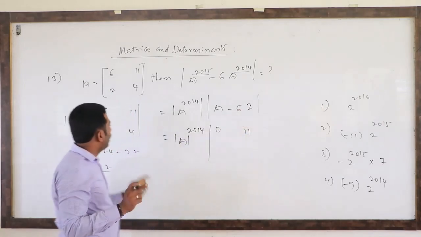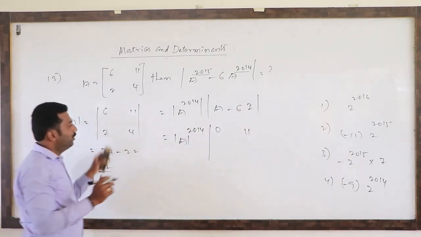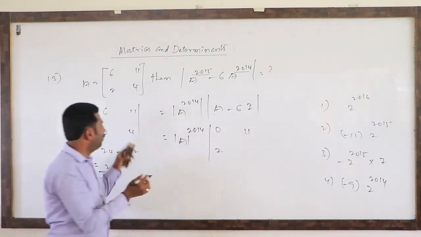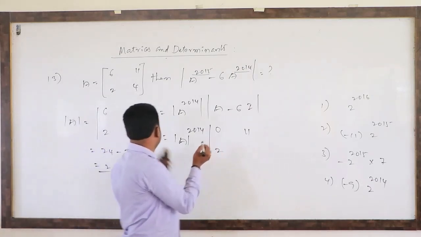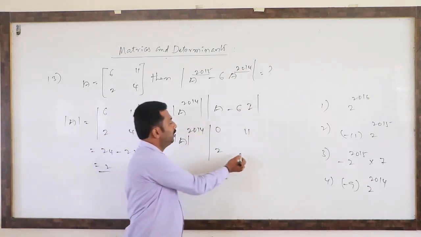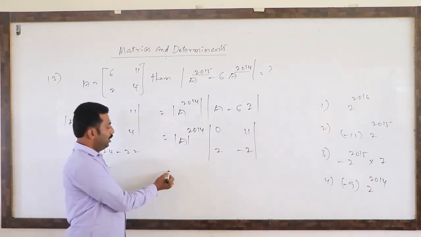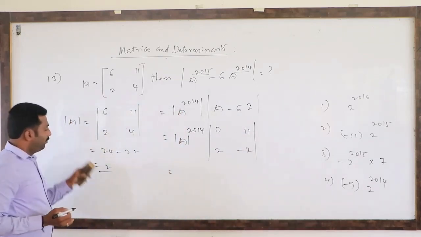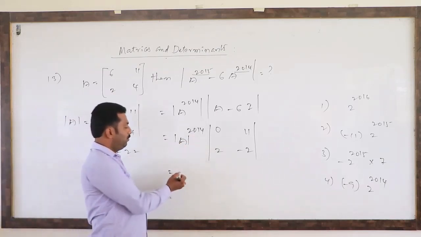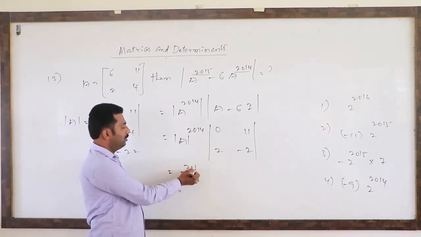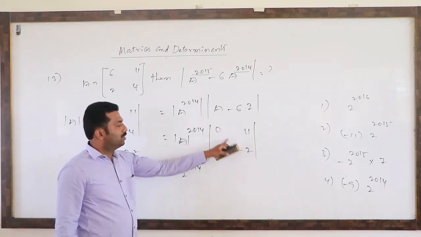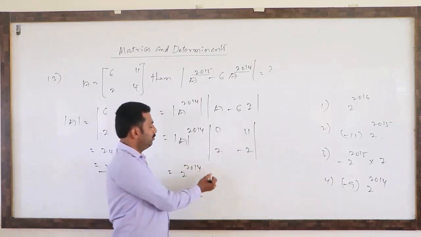Then 2 means no change. The other principal diagonal element is 4 minus 6, nothing but minus 2. So clearly det A is 2 to the power 14, and this is 0 minus 22.